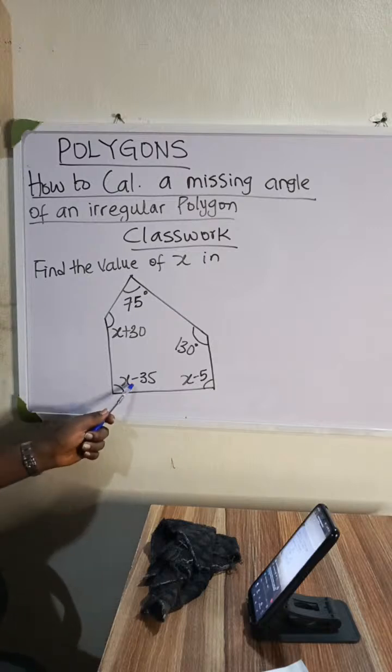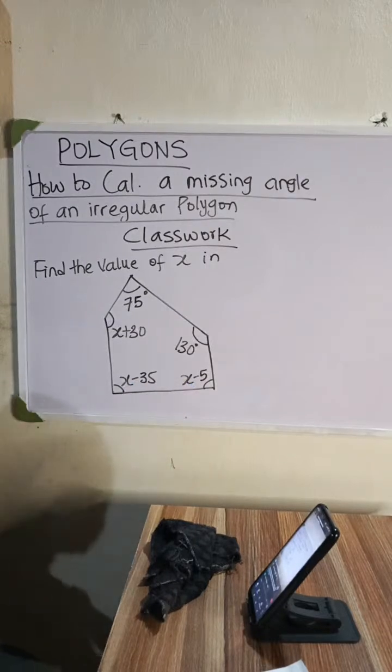Don't forget, we have some minus signs here, which will be very important. 125, Humble. 115, Daniel. Okay, thank you.